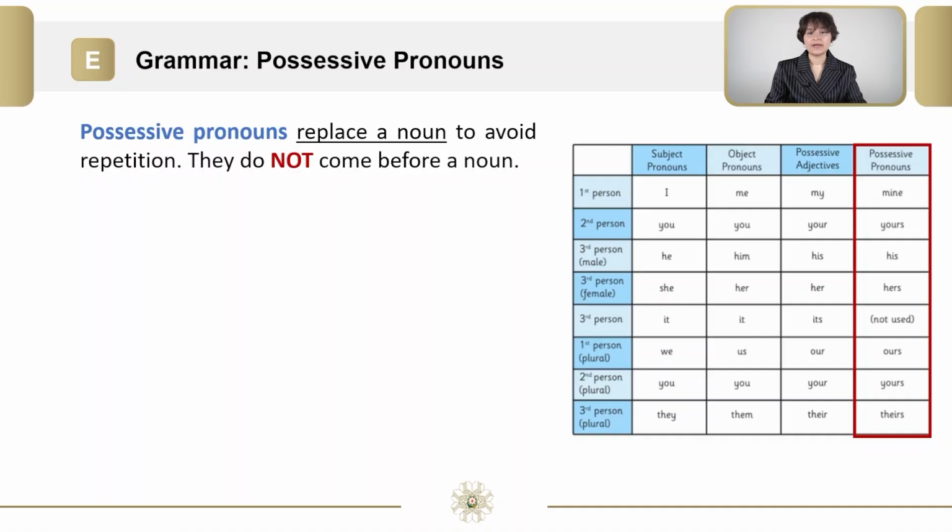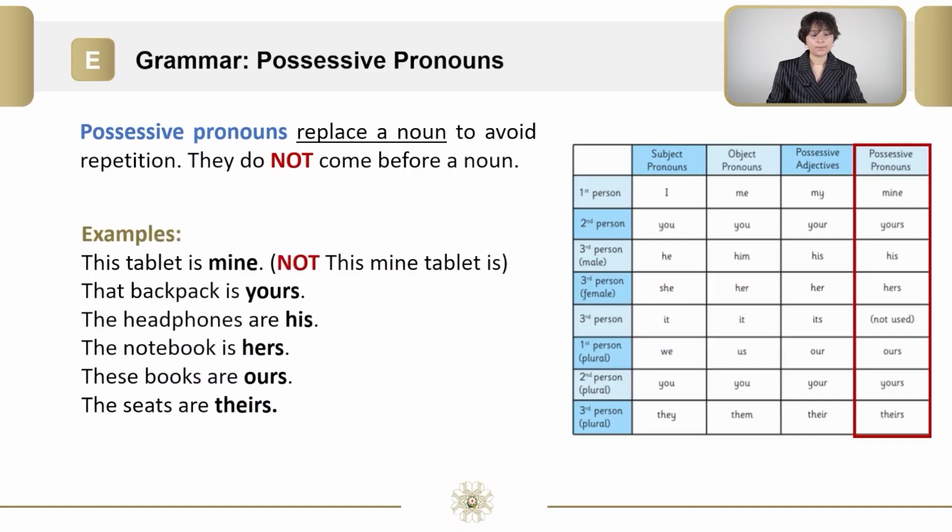So, what is the main difference between possessive adjectives and possessive pronouns? Possessive pronouns replace a noun to avoid repetition. So, it means that they do not come before a noun. Let's check some examples. This tablet is mine.